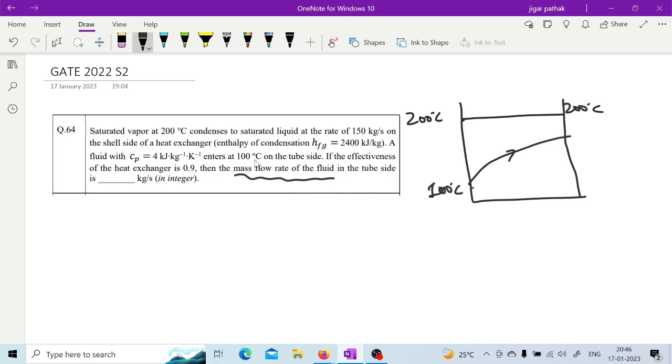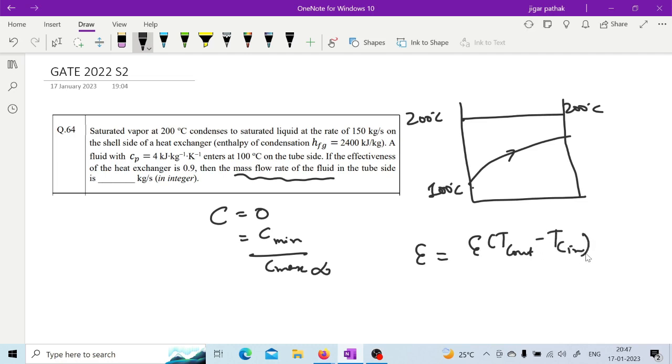So here your C is 0, as we have discussed, because C is nothing but C min upon C max. Here C max is infinite, so your C is 0, right? So for that, your effectiveness can be represented by the cold fluid's temperatures, because cold fluid CC will anyway be C min, right?